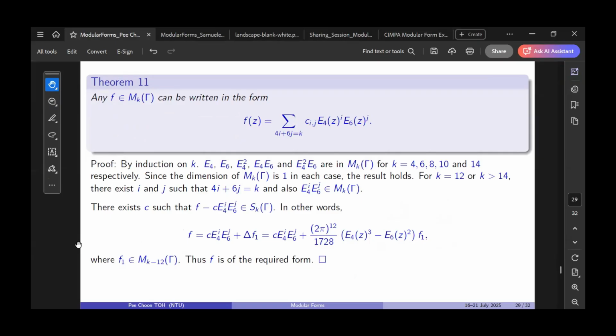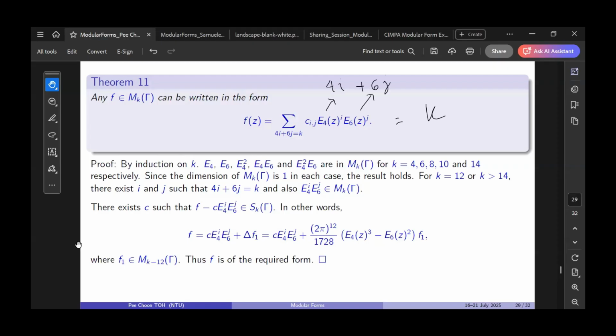So basically it is a combination of E4 to the power of e times E6 to the power of j, where obviously we want this to be weight k. So this is weight 4 times e and this is 6 times j.